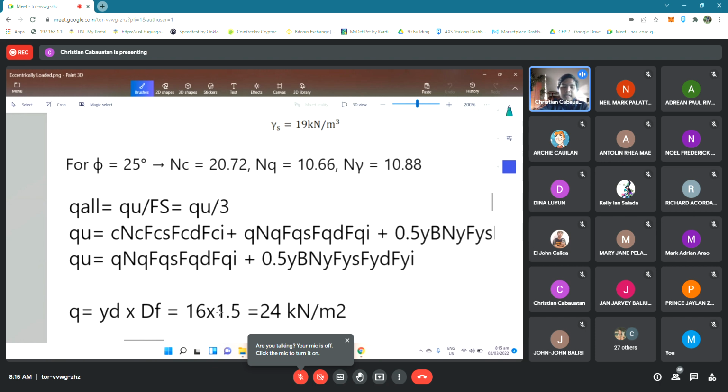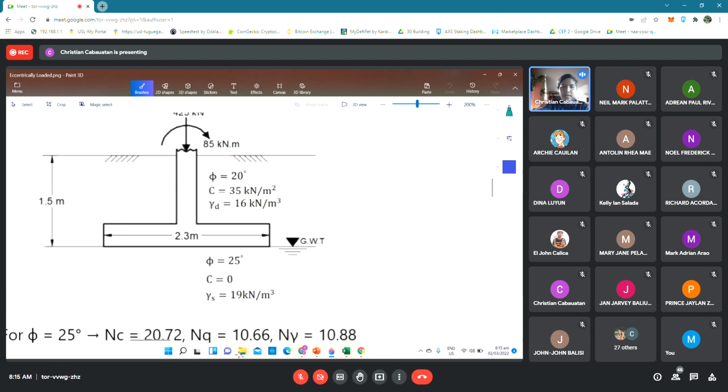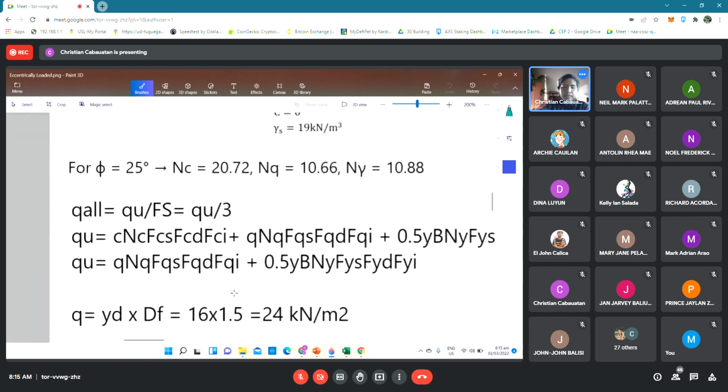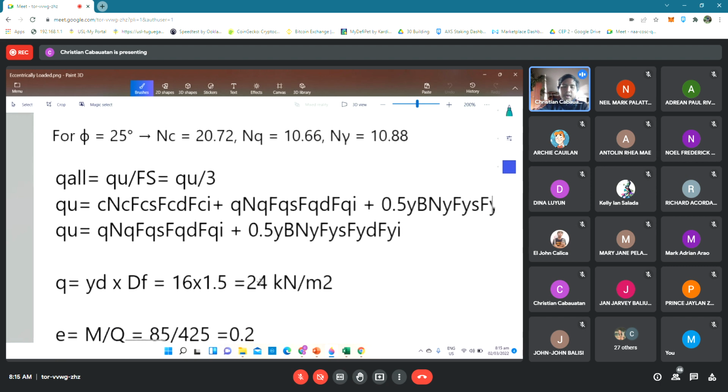Therefore, 16 kilonewton per cubic meter times the depth of our footing, which is 1.5, gives us 24 kilonewton per square meter.